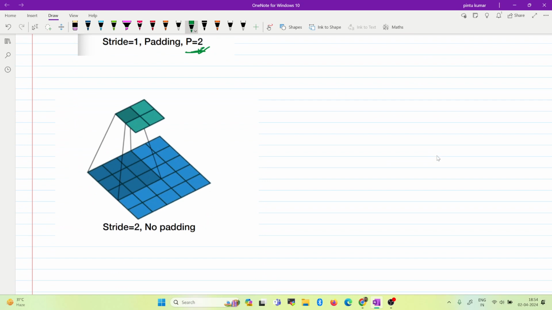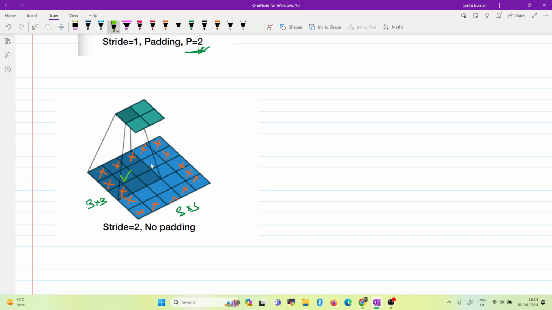Okay, so here is another example. Here you don't have any padding, but your stride is 2. This is again 5 cross 5, filter is 3 cross 3. So what you did is you started with the, so you can't fit in over here, because there is no padding, right? So you started from here.